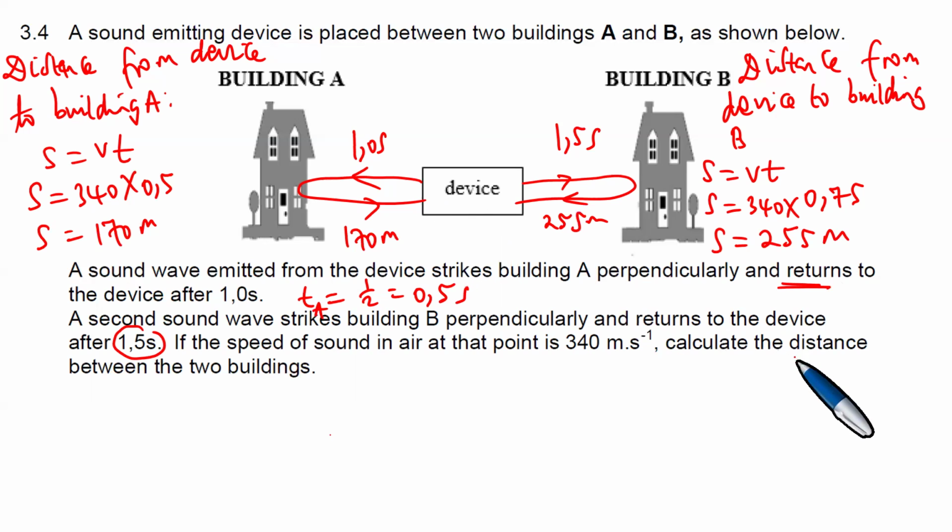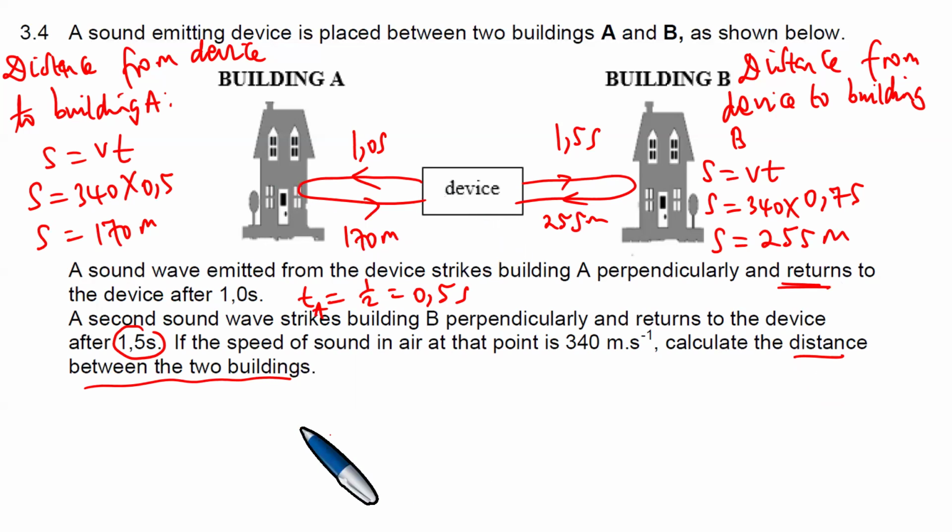But remember, I want to calculate the distance between the two buildings. We can't say the distance from the device to the building is the distance here and then back, because you travel twice. But we want one direction, the distance from here to there, not going back.